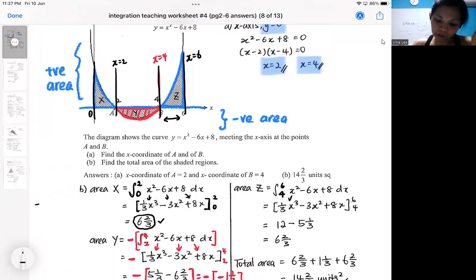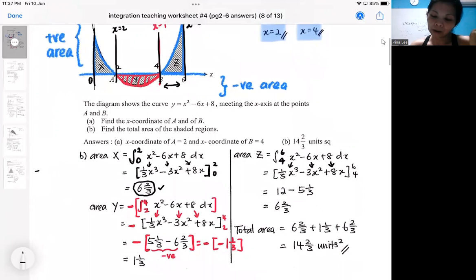You realize the integration doesn't change, because the curve doesn't change. The only thing that changes your values is the top and the bottom. If you do top minus bottom in this case, you get a positive value, which is very expected because it's above the x-axis.